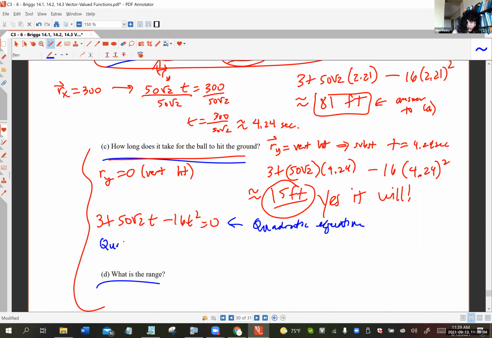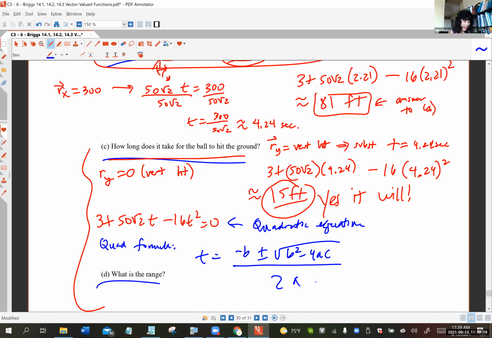Can you say quadratic formula? I want to see this in action. t equals negative b plus or minus the square root of b squared minus 4ac, all over 2a, where a is the lead coefficient, which is negative 16. b is equal to 50 square root of 2. That's a weird number. And c is just 3.